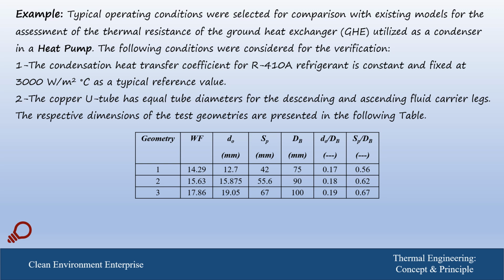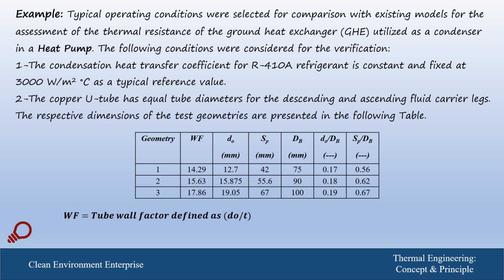Three different geometries are considered, with the ratio of diameter to thickness, D_0 being the outside diameter. S_P represents the distance between the centers of the legs of the U-tube. D_B represents the borehole diameter, and the other dimensions represent the ratios.